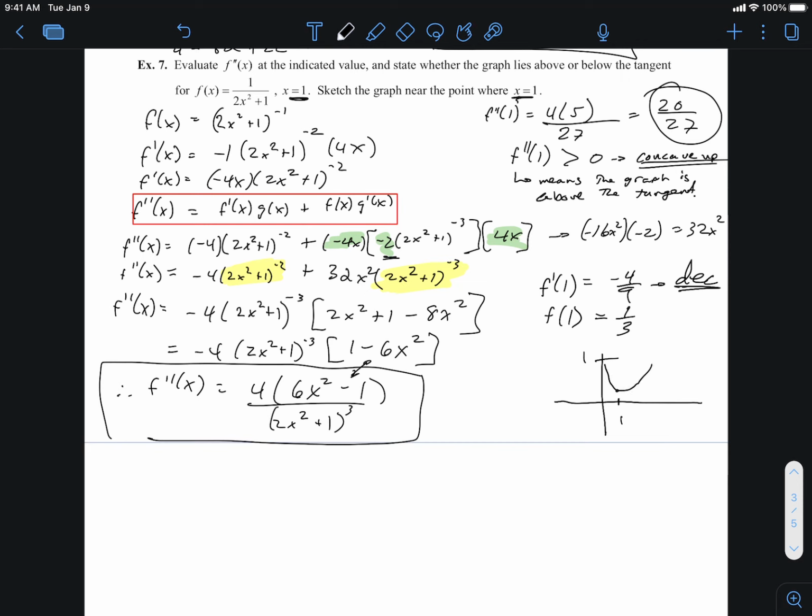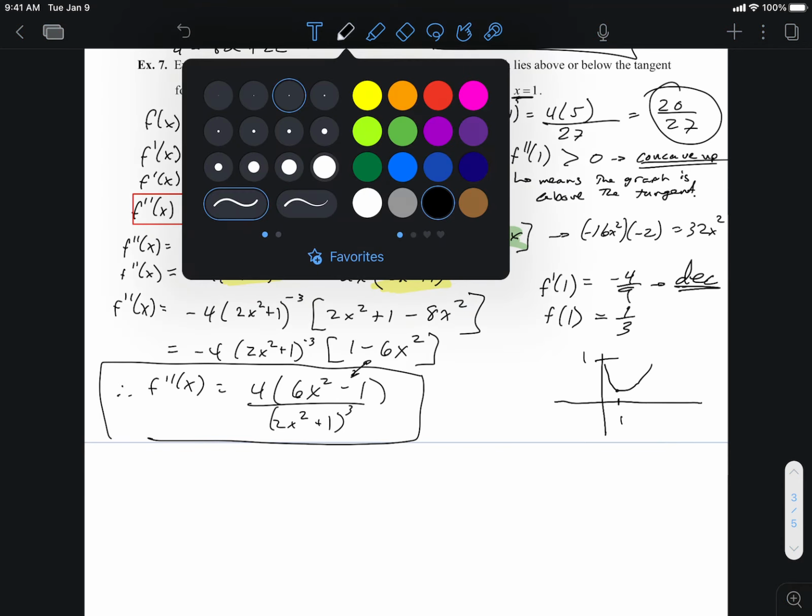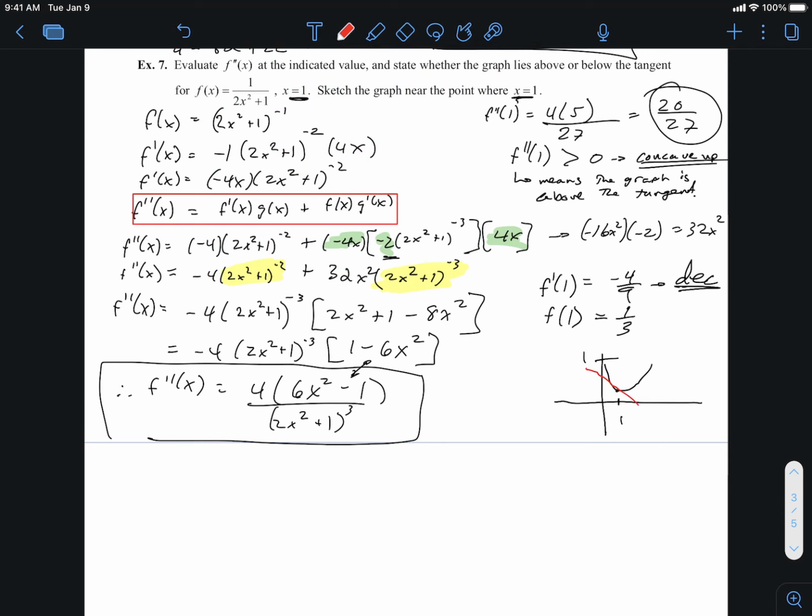If we had the tangent at x equals 1, we know that the curve is going to be above the tangent. So it's a negative slope, and the curve lies above the tangent, so it's concave up.